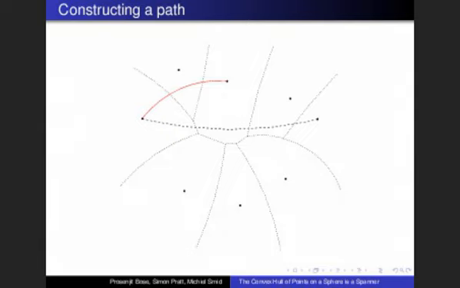So whenever we have the direct arc crossing from one Voronoi region into another, we know that there exists an edge through the spherical Delaunay triangulation between the points that correspond to those Voronoi regions. So we keep adding these arcs, and we end up with a path between any arbitrary beginning and end point in the graph.